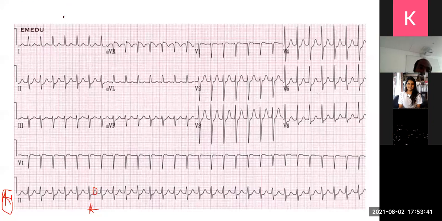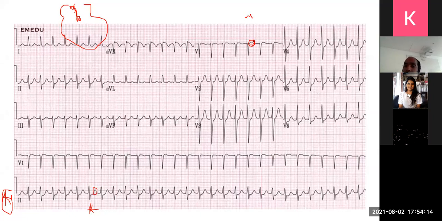Actually, there is something called a retrograde P, because a node is now driving the show, it sometimes goes this way. It's very difficult to see, it's best seen in V1. If you imagine this, very very difficult. Can you see something like this?